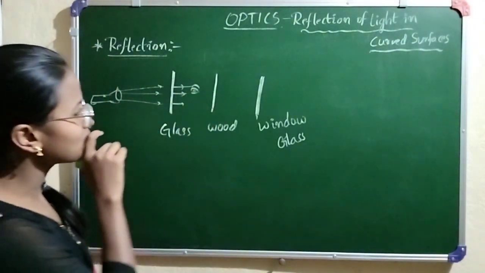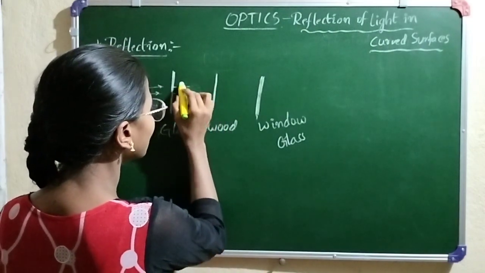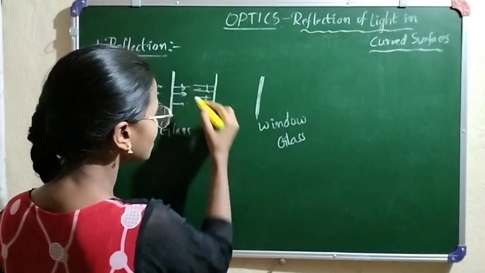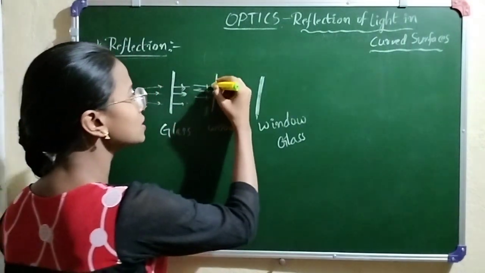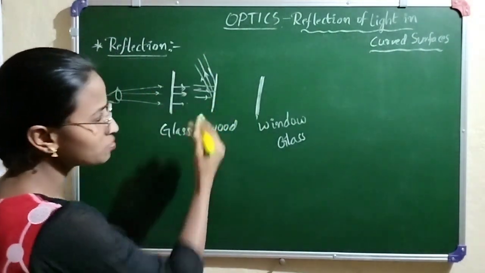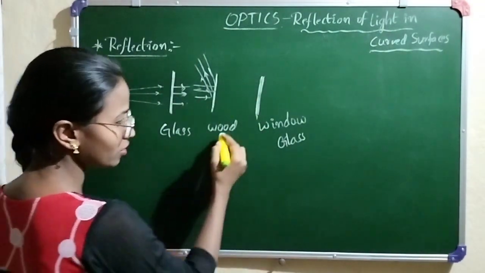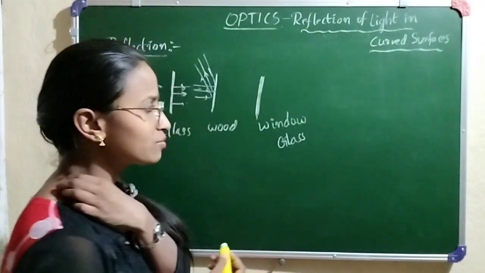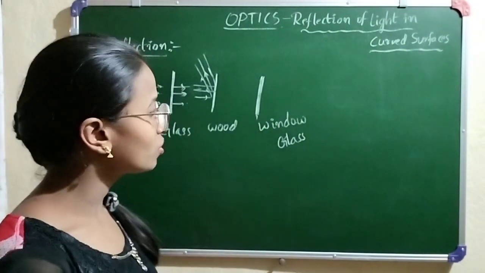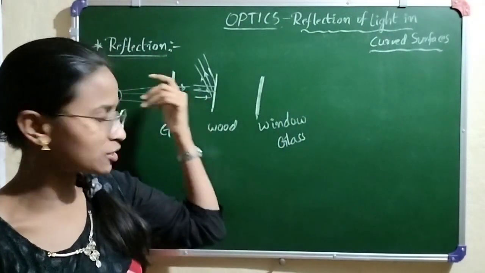In the same manner, I am sending that light to the wood. Here the light is reflected back, which means it does not come out the other side. If I take the window glass, it is a little blurred and diminished, not exactly transparent.